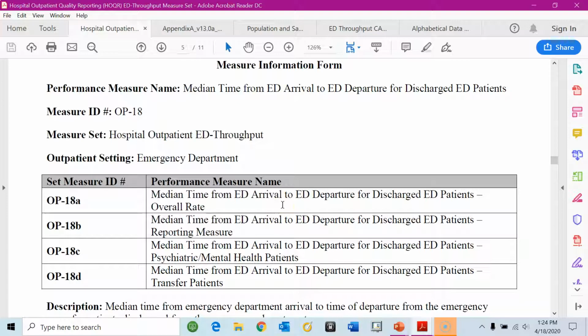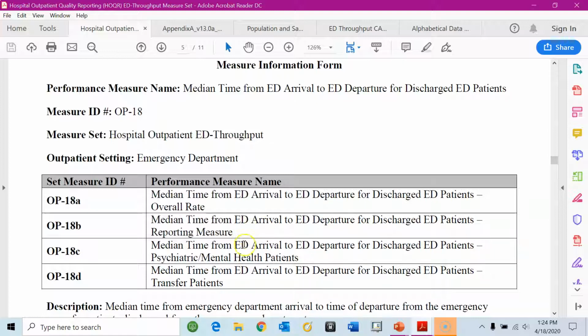oftentimes patients who are seen in the ED, depending upon why they're there, maybe they're there longer. Patients who have a mental health diagnosis may be in the ED a little bit longer because it isn't so easy to figure out where they're going to go. There might be more planning involved in that.